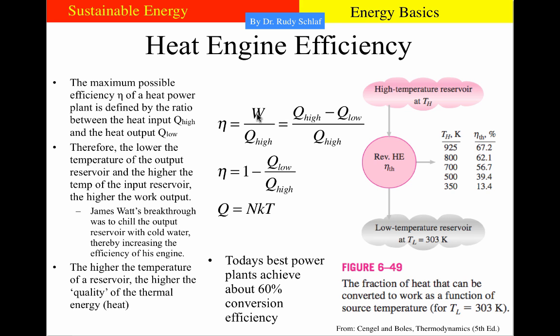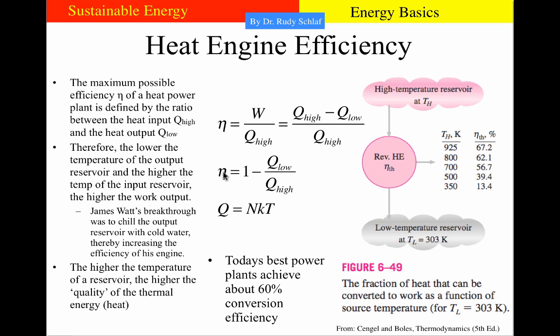Since the work is just the difference between the heat energy that we put in and the heat energy that we dispense into the low temperature reservoir, we can write the efficiency is equal to Q high minus Q low divided by Q high. And so this here we can transform into 1 minus Q low divided by Q high.